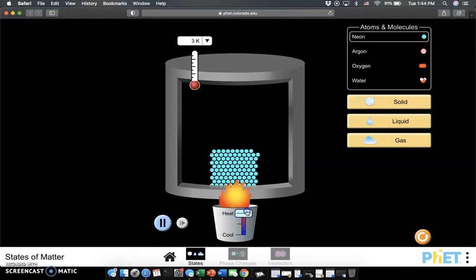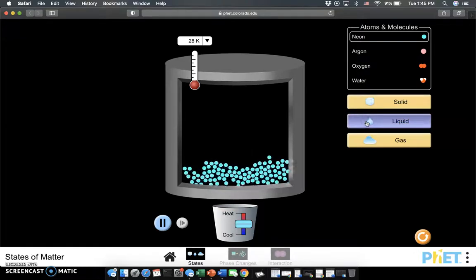Now notice when I start heating it up, the molecules start moving again, okay? And they're just barely moving, they're kind of vibrating back and forth, okay? But that's the idea of a solid. Now, I can make these molecules into a liquid, and you notice they're moving a lot more and they're more fluid-like.